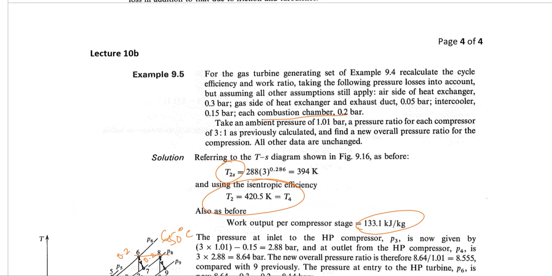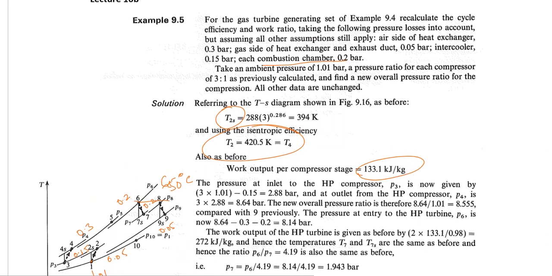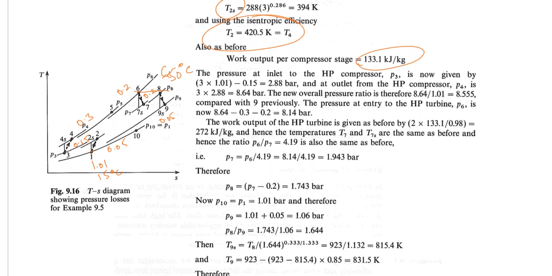As the compression is the same, the work done of the compressor would be the same, 133 multiplied by 2, and for the high pressure turbine stage, that would be multiplied by 0.98, so that would remain the same.